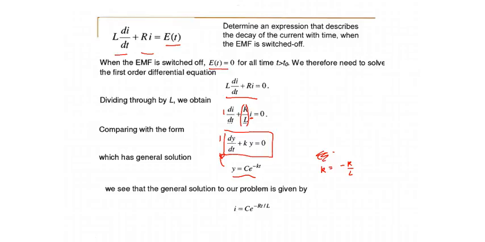Okay, so this is the solution to this equation here. We've shown that this equation satisfies the differential equation above. So more generally, we can replace the y with i's, the t's stay the same. The only thing we need to replace is that constant there, and so we're going to replace that with minus R over L. So the current should behave like this. Well, we don't know what that C term is.